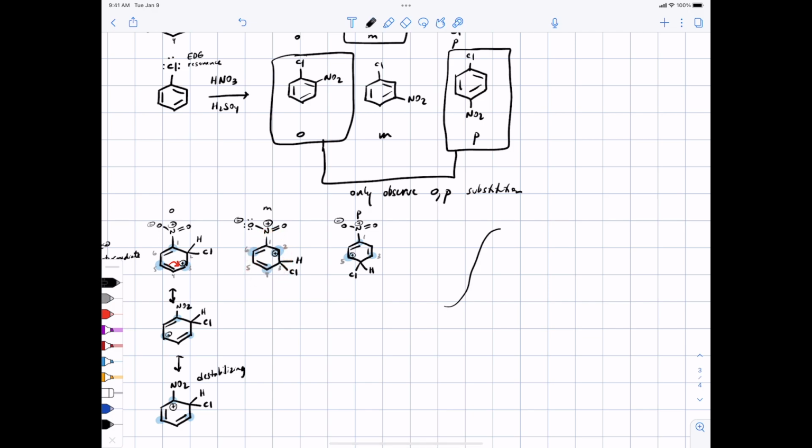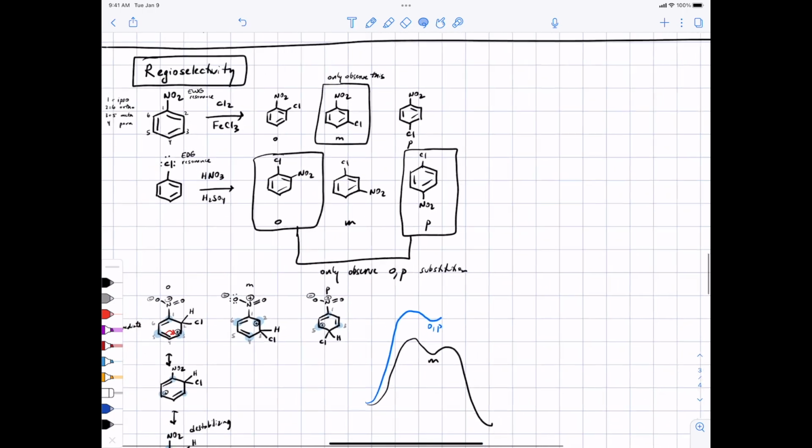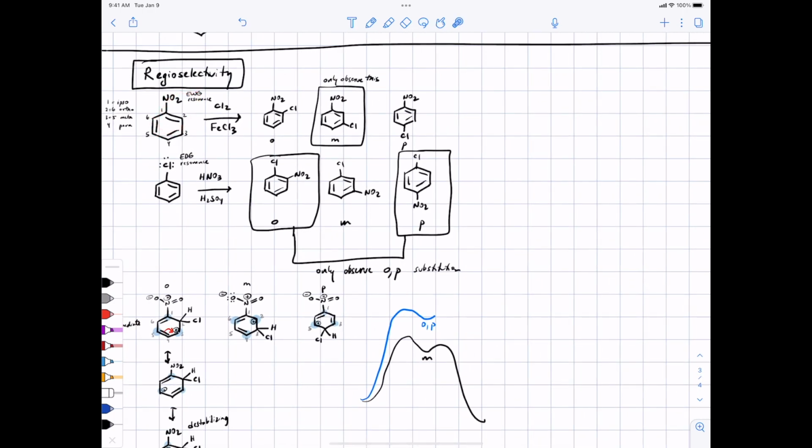So if this is our energy diagram for meta substitution, what we're saying is that ortho and para substitution go through a higher carbocationic intermediate, and so it's faster to go through meta. That's one way of understanding the regioselectivity for adding the chlorination to the nitro.